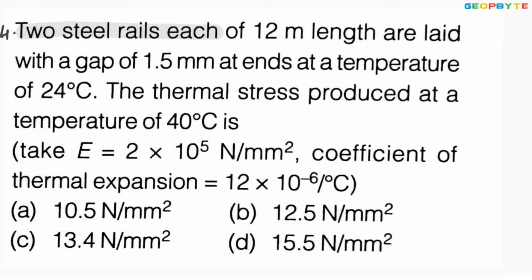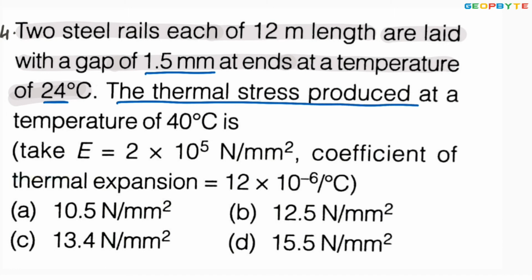Two steel rails, each of 12 meters length, are laid with a gap of 1.5 mm at the ends at a temperature of 24 degrees centigrade. That means between the two rails of the railway track, a small gap is placed. That gap is equal to 1.5 mm at 24 degrees centigrade.